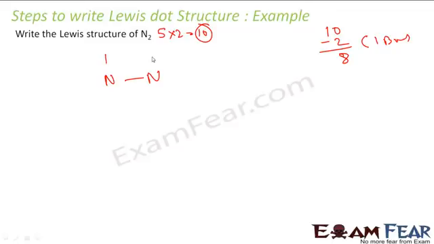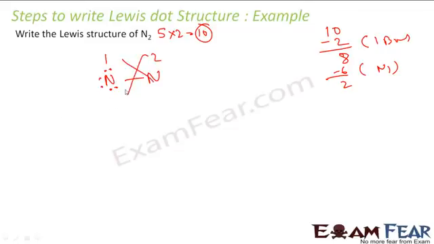To make nitrogen 1 happy, we need 6 electrons. So let's add 6 electrons to this guy. So nitrogen 1 is happy. We have only 2 electrons now, and with 2 electrons we can't make nitrogen 2 happy, because it needs 6 electrons too. So this is not possible.